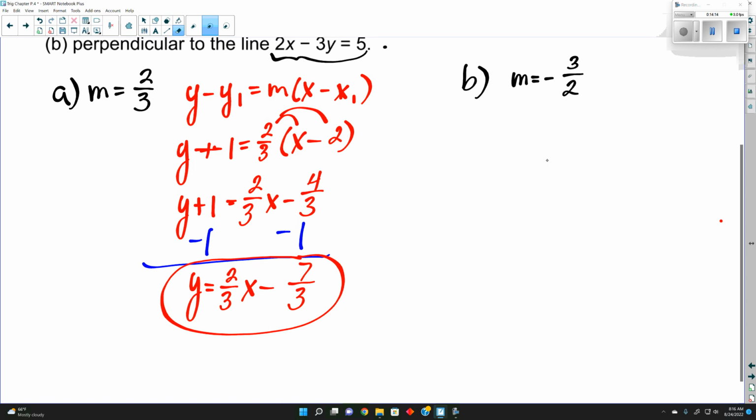Because realistically, this is going to come out as 2.6 repeated. Let's see here. No, 2.3 repeated. Because 3 goes into 7 2 whole times, leaving us with a remainder of 1. 1/3 as a decimal is 0.3 repeated.